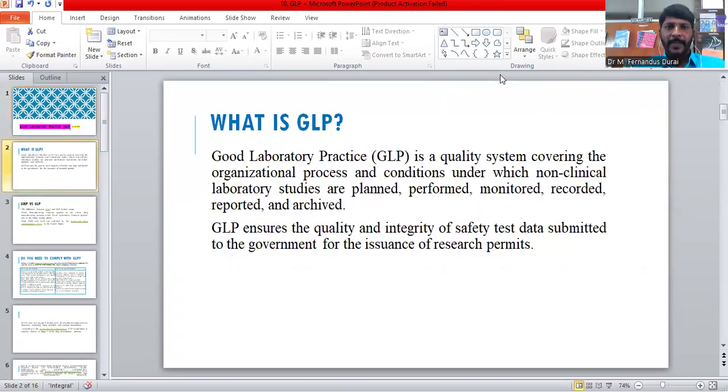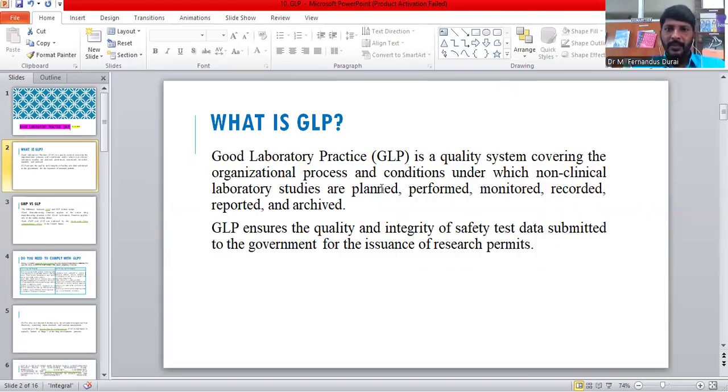So GLP, the good laboratory practices, is a quality system covering the organizational process and the conditions under which non-clinical laboratory studies are planned, performed, monitored, recorded, reported, and archived. So these are the 6 areas which will be covered by this GLP.